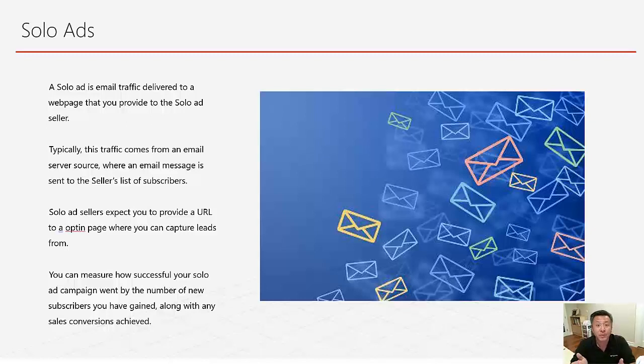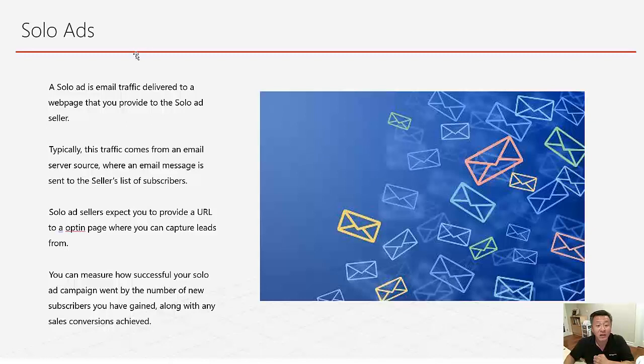The other measure I always look at is how many sales conversions or other call to action conversions happened following the opt-in. If I have a good conversion factor behind the opt-in, then I'll know whether or not that seller provides good traffic.